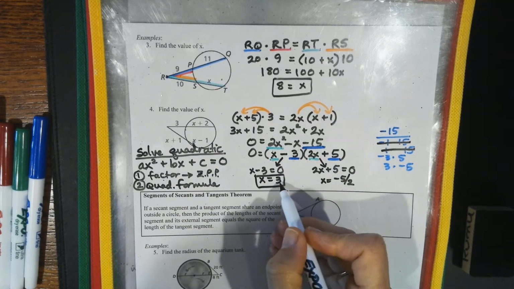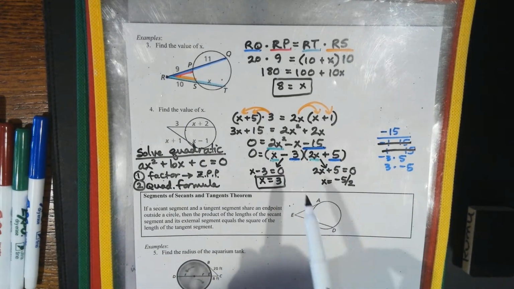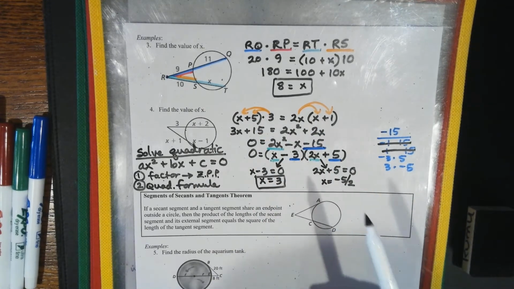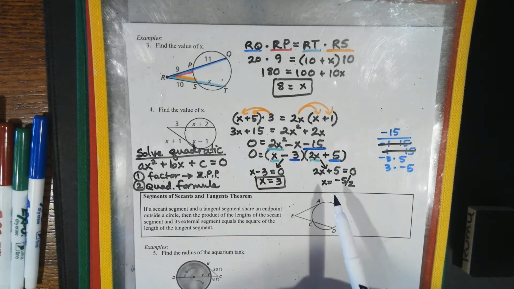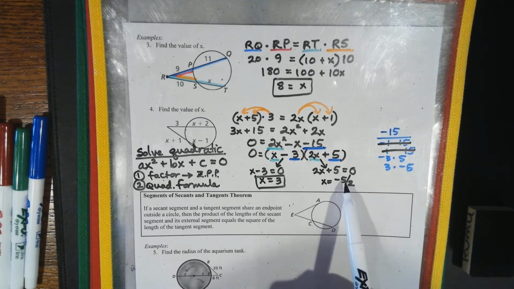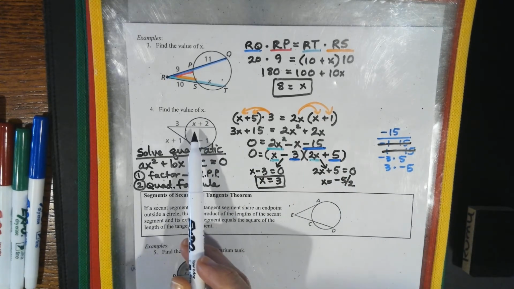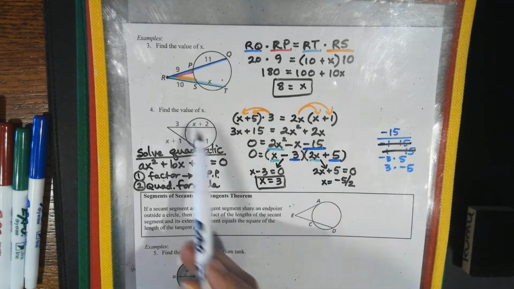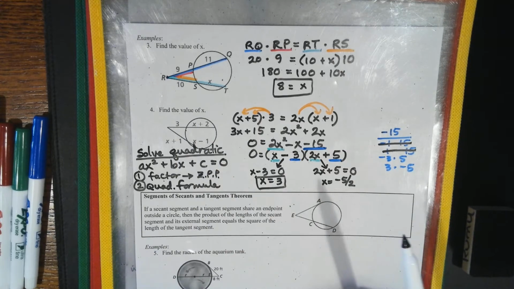If I put in x equals 3, this is 0, I'm good. It makes it true up here. However, can I have a -2.5 distance over here? Can x be -2.5 in this circle?